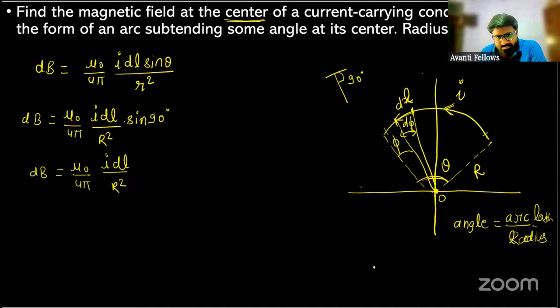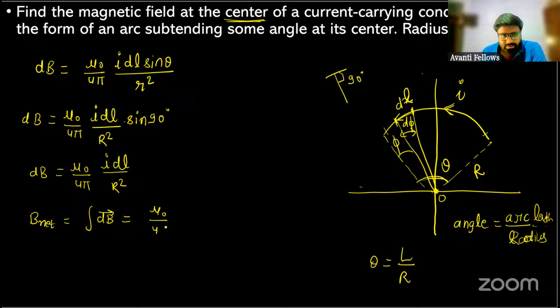Now the angle is theta. Theta is the angle here. This is the arc length, let's say capital L, divided by the radius, which is capital R. So if I integrate this element, which is dB, the net field B net is the integration of dB, equal to mu naught upon 4 pi I upon capital R square.